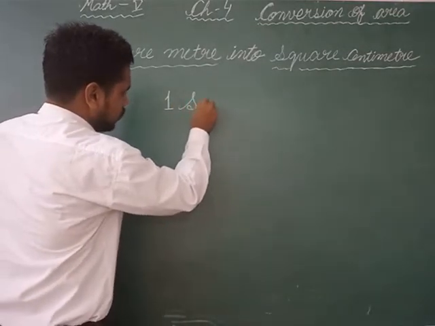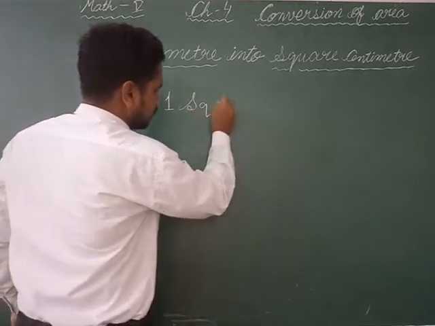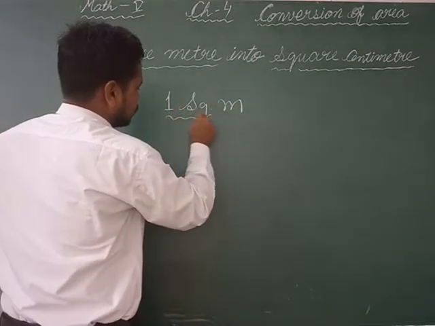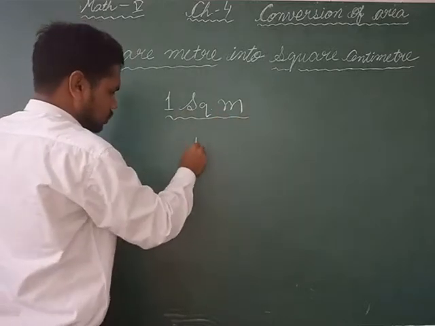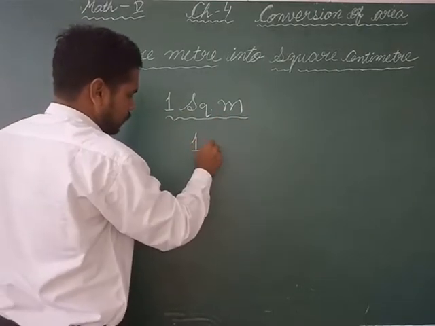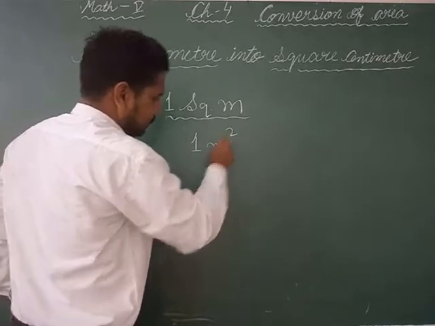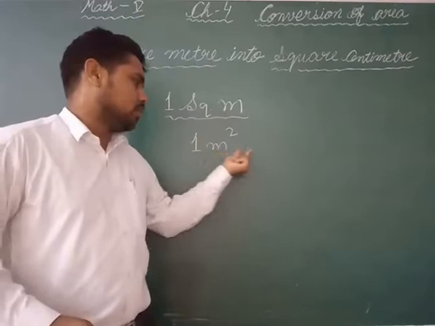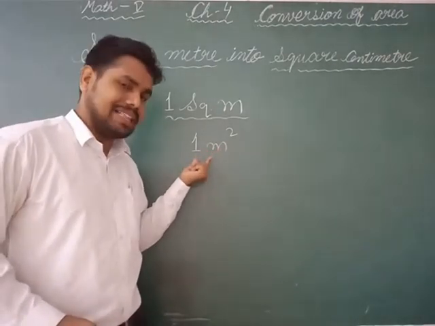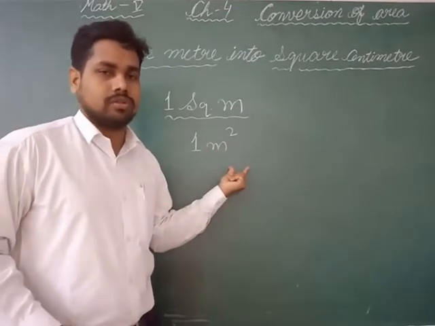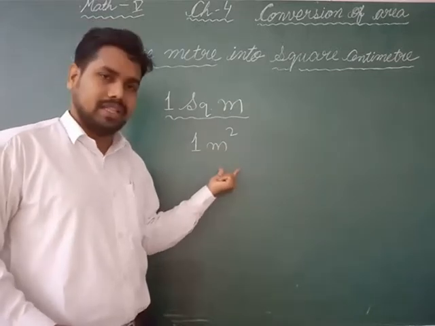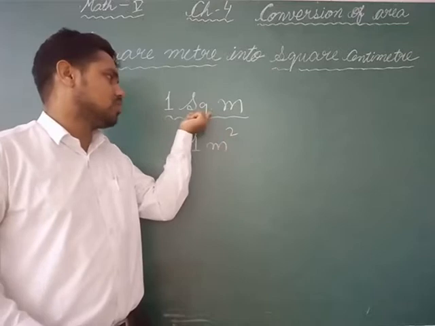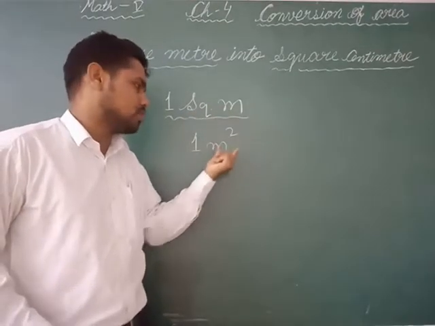In short, we write 1 as sq m. Some people write 1 meter square like this also. Meter square means 2 times meter. Why 2 times meter? Because there is one length and one breadth, and length into breadth is the area. That is why we write 2 times of the unit, and that is why we write square meter or meter square.